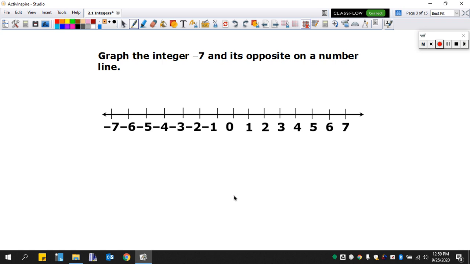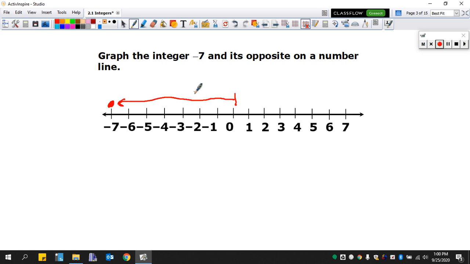All right. So talking about the numbers and its opposite, they say graph the integer -7 and its opposite on a number line. So if you go to -7, that's right down here. Okay, that's 1, 2, 3, 4, 5, 6, 7 numbers. That's 7 spaces from 0.